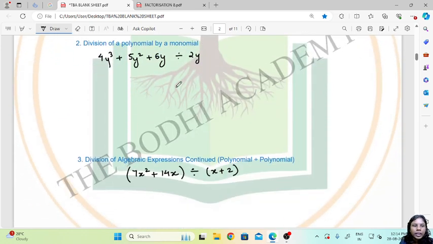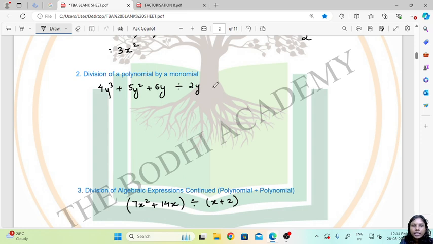Now we'll look at division of a polynomial, wherein there are more than 2 or 3 terms, by a monomial. The down part remains a monomial. Again we start by writing the factors. In this case you can factorize, or you can write its factors. 2y cube will be equal to 2 into y into y into y.